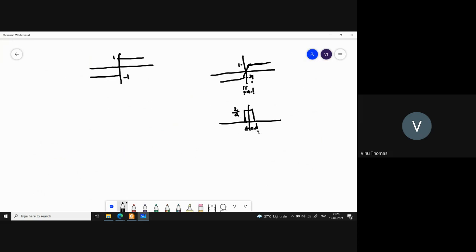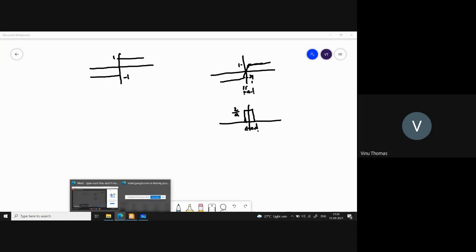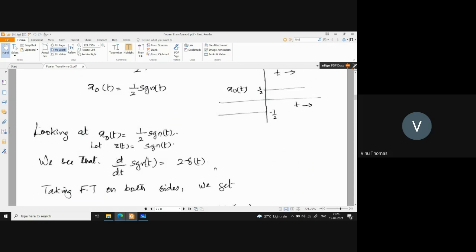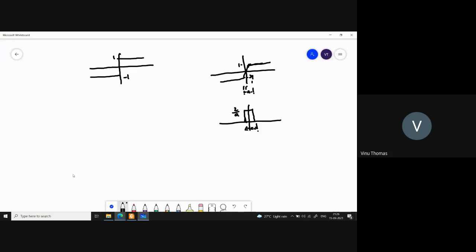And if I let a tend to 0, 2 by a will tend to infinity, a will tend to 0. And therefore, if I take the derivative on both sides, you can write d by dt of signum of t is equal to 2 delta t. So if I let a tend to 0, the limit will give you this function.